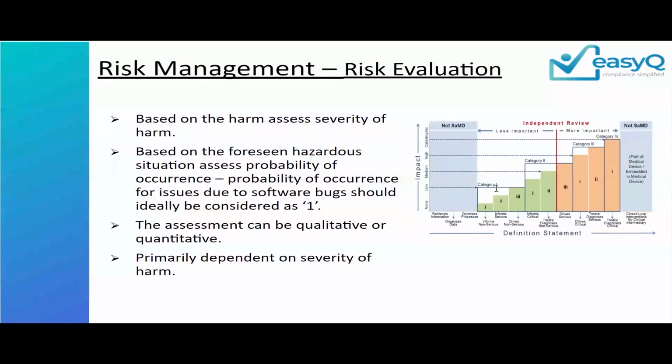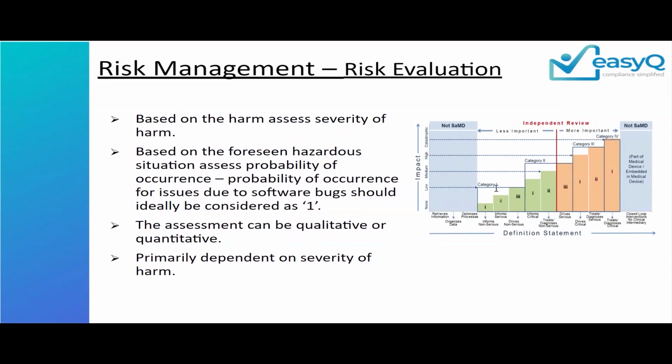You can do this evaluation quantitatively, where you grade severity from 1 to 5, where 1 is the least severe versus 5 is where someone can die. Or you can do it qualitatively, where you define severity as low, medium, high, or however many gradations you may want to define. But based on your severity of harm and your probability of occurrence, you see where your risk falls.